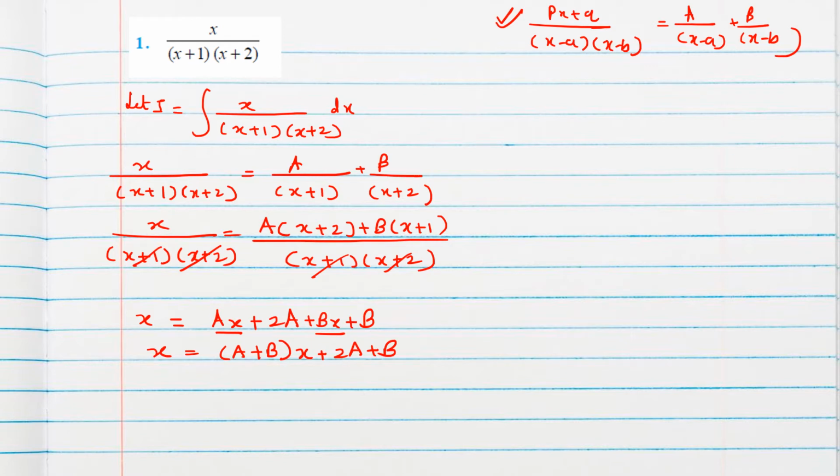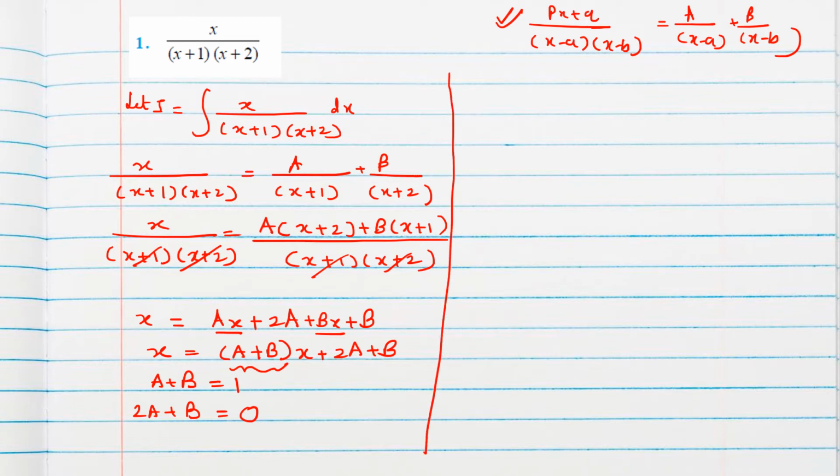So we can compare coefficients. The coefficient of x: A plus B is 1, and 2A plus B is 0. Here the constant term is not there.